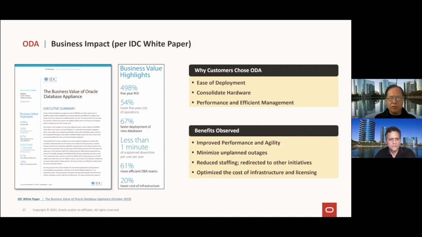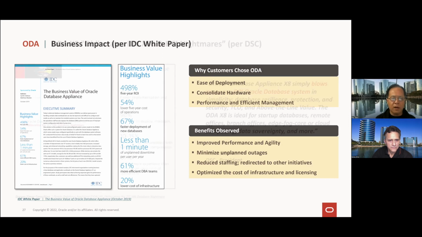So we have two recent white papers we want to highlight. One is from IDC that talks about 7 use cases, right? And then you can see this really proves some of our points we talked about earlier, why you want to run Oracle databases on Oracle Database Appliance, right? All the benefits we talked about. And again, these are real customers with real data that shows the benefits of running Oracle Database on Oracle Database Appliance.